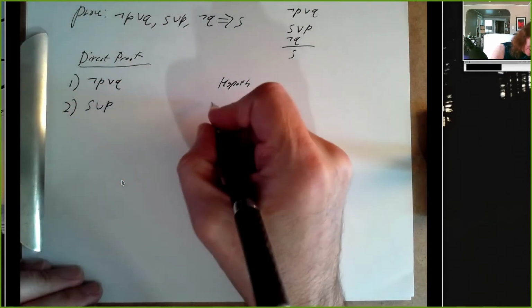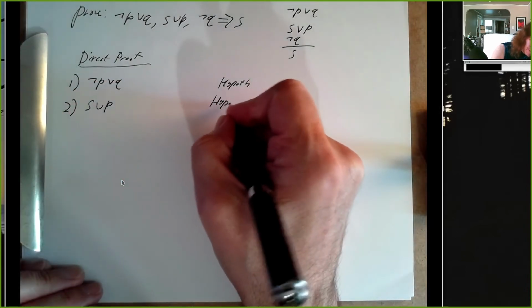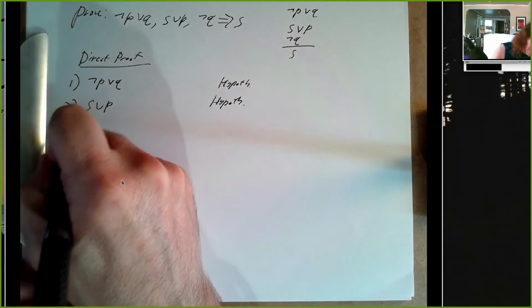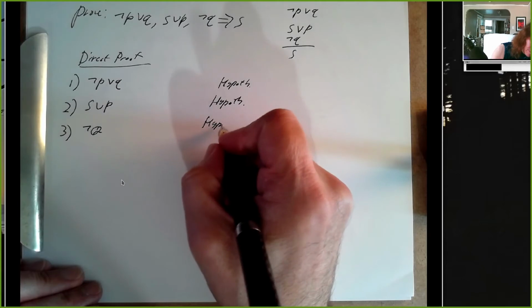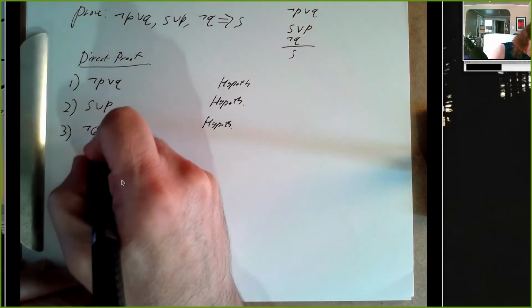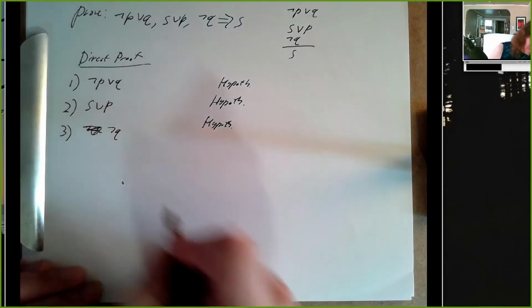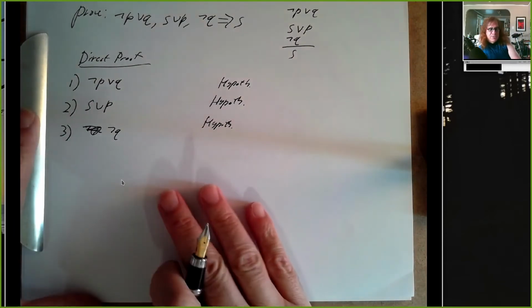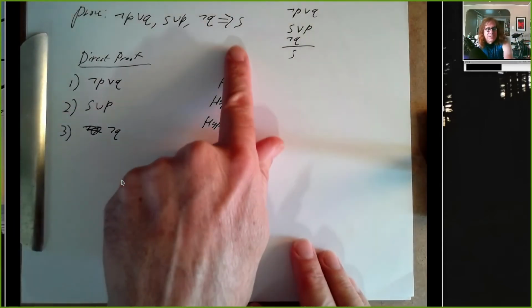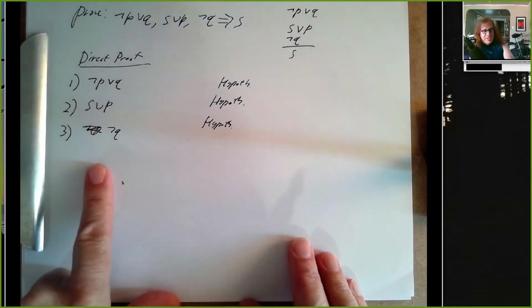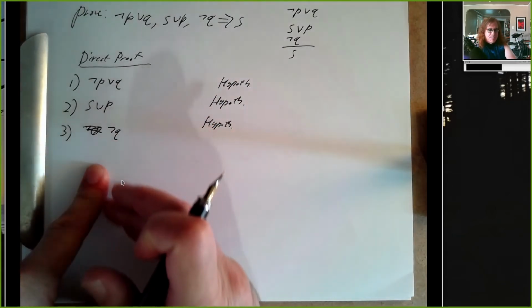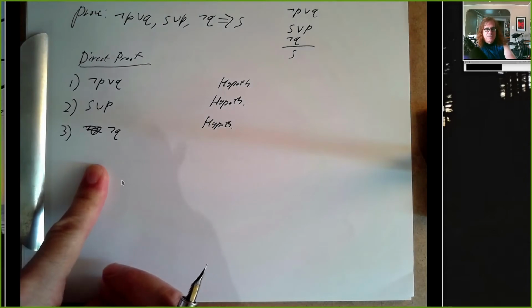So let's write down our other hypotheses. I switched to an uppercase Q. Alright. That's all we can write down for now. We can't write down S because we don't know that S is true. And as soon as I write down S, everything after that depends on S being true.